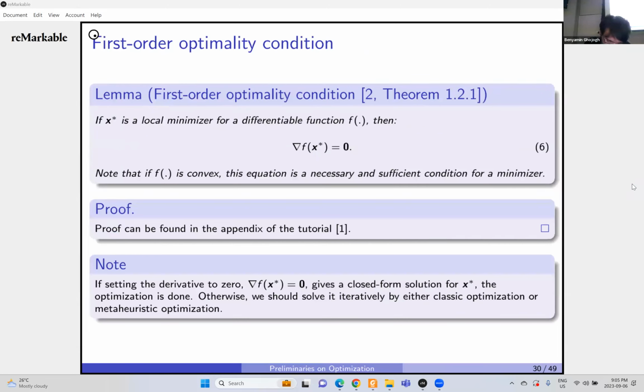Again, if x is a local minimizer, according to the first order optimality condition, the derivative is 0. As I said before, if we can find a closed form solution, the optimization is done. It's finished. You don't even need classical optimization. You don't even need metaheuristic optimization. You need metaheuristic optimization when you can't solve it easily, right?